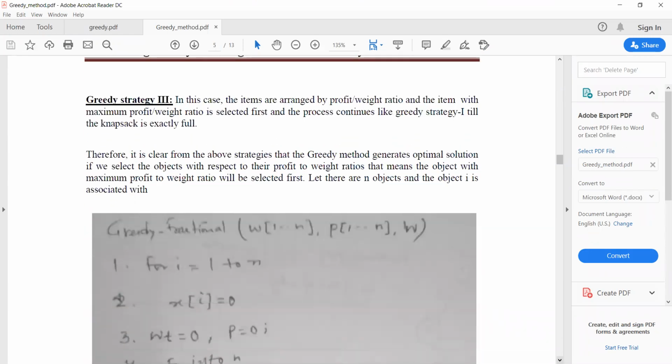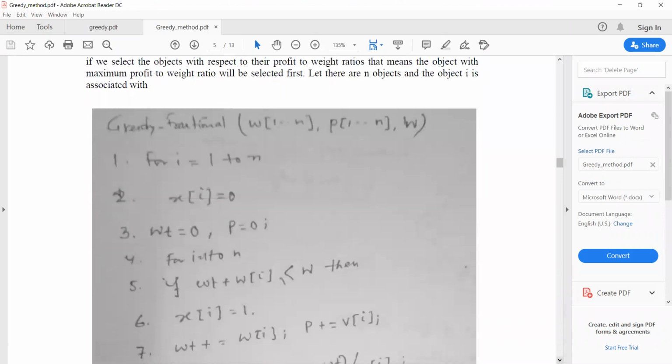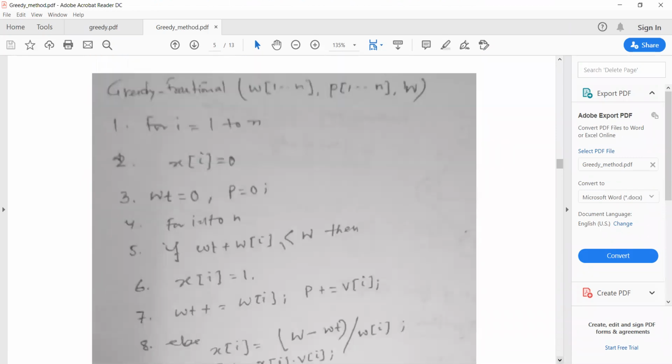Now, the fractional algorithm will be initialized so that all the input set is 0, weight is also 0, profit is also 0. That is the solution set. Now, for any value of i to n, if I find that the weight Wi, the complete weight, is lesser than W, then I will include Wi as 1. I will include the entire Wi and make the weight equal to weight plus Wi.